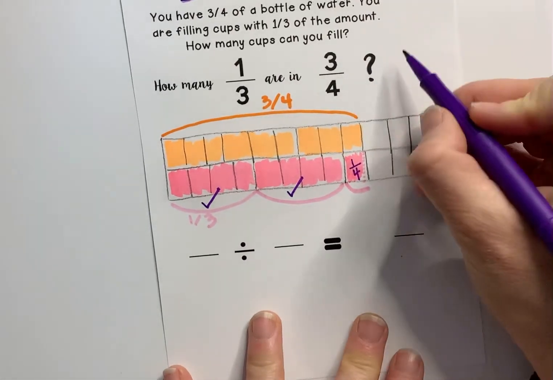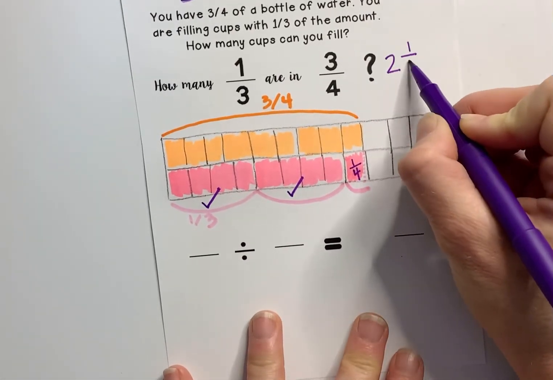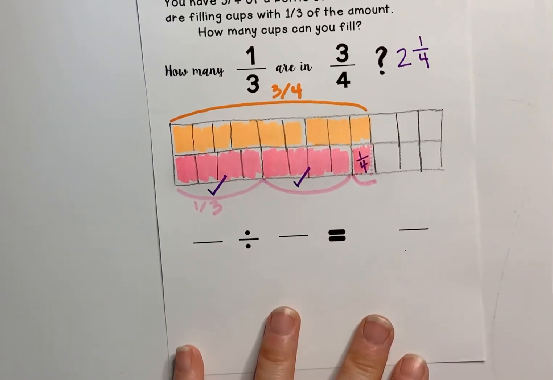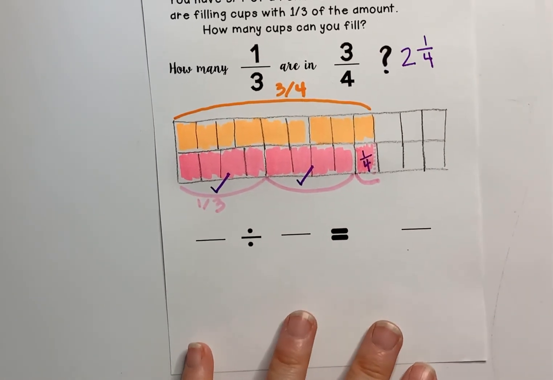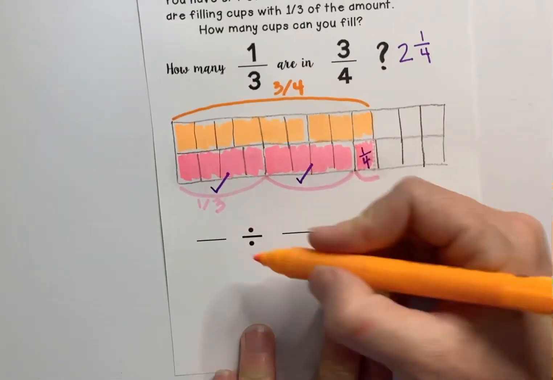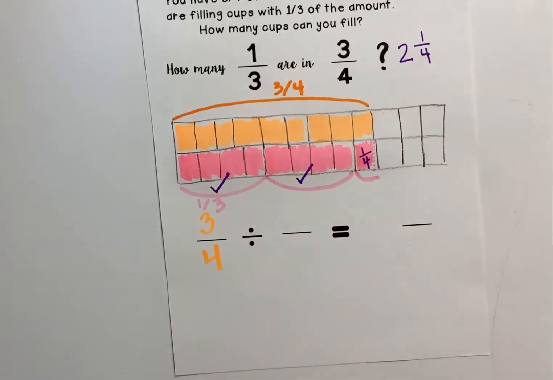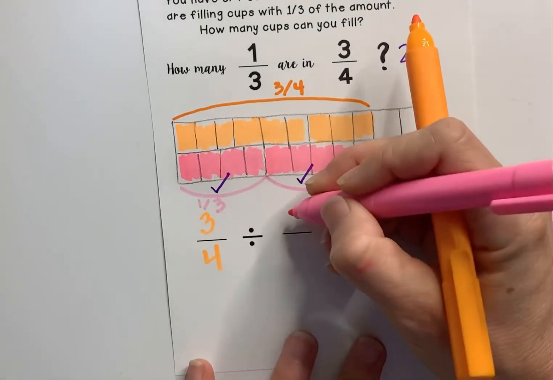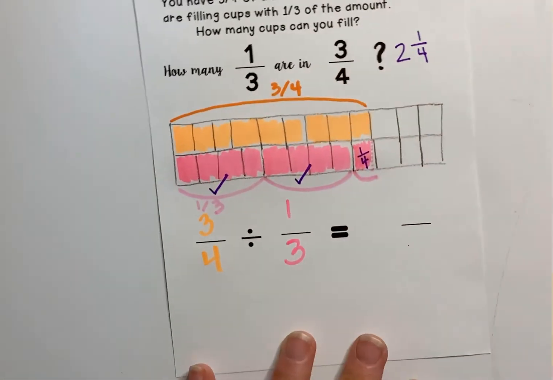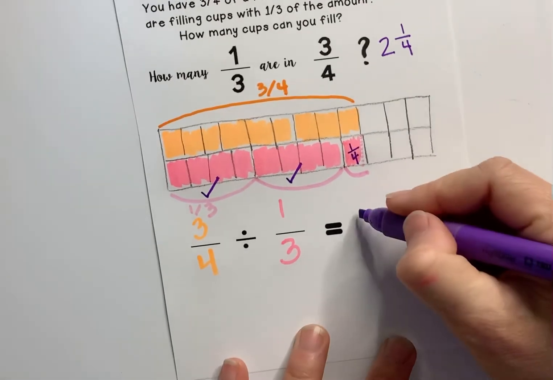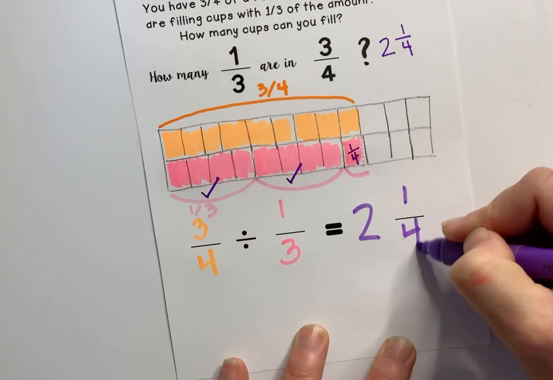So my answer I know is going to be 2 and 1/4. Okay, so let's go ahead and write that below. So my number model is going to look like this: 3/4 divided by 1/3 is going to be 2 and 1/4.